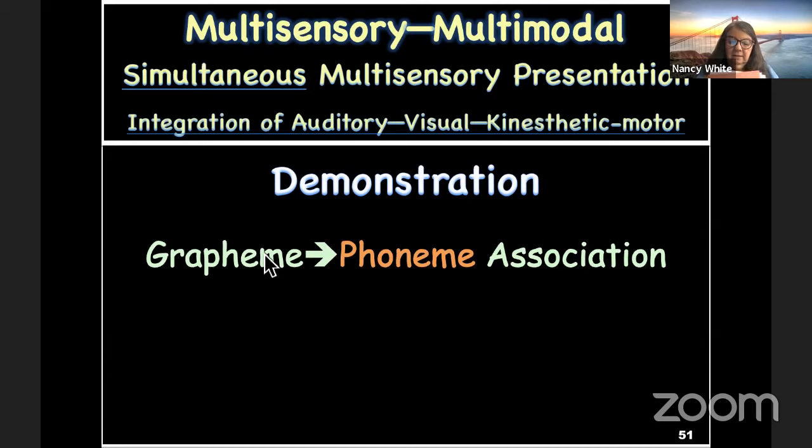E. S, H, ship, sh. Now what I'm doing, since I'm only one person, I'm being the teacher and being the kid, so you have to use your imagination. E, consonant, elephant, F. So that would be here, grapheme phoneme, if you can see that screen.